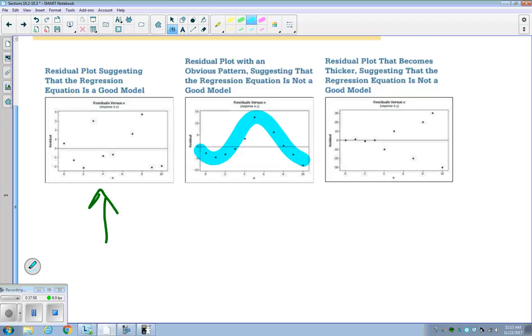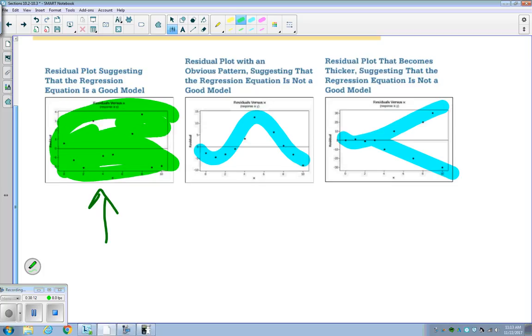Then this situation starts here, but then it branches out and gets wider. Not a good model. Not a good equation. I want to see this one, where it's all over the place. This is the one I want to see. That means it is a good model for that equation.